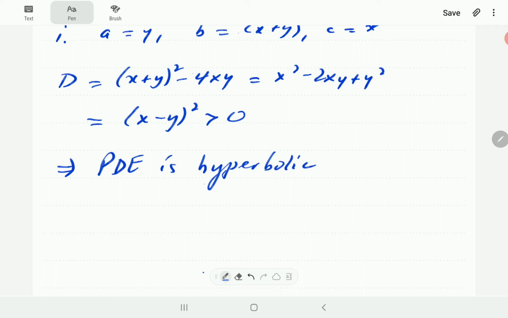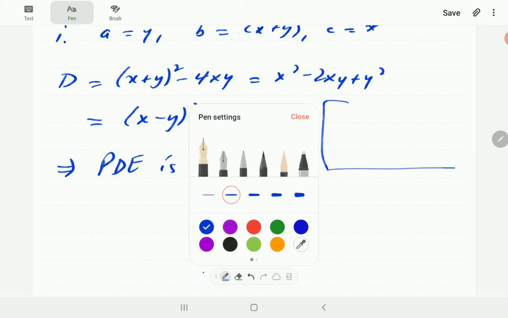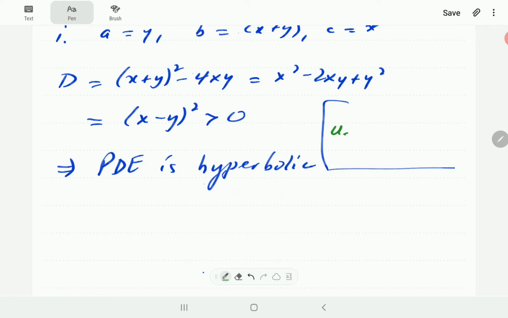So notice that once we have got the type of the PDE, that directly tells us what type of canonical form we expect.